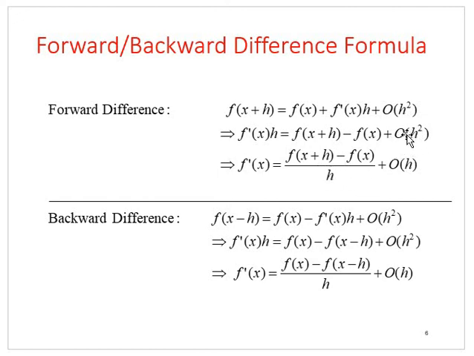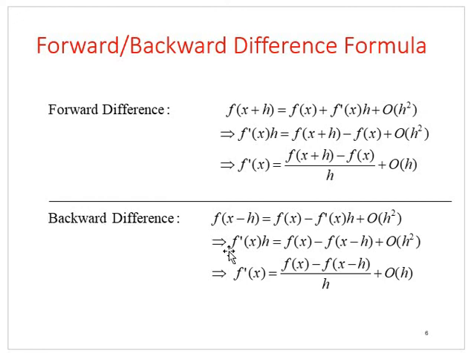If you divide the error term by h, you get O(h), because the other h will cancel there. So your truncation error will be of order 1 instead of 2.